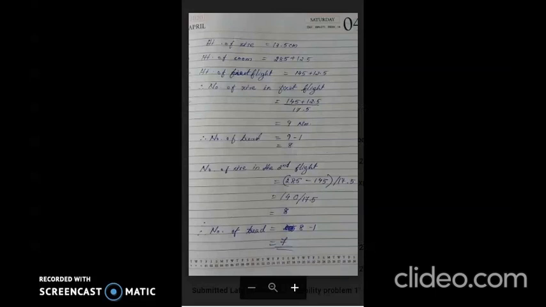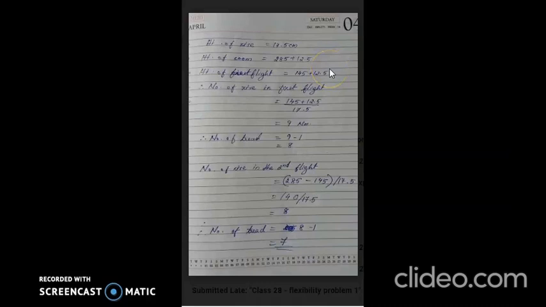Here we can take the height of rise, which is given in the figure as 17.5 centimeter, and the height of room, the total height of room, is 285 from the top of the floor to the bottom of the roof, plus 12.5, which is the slab thickness, and the height of the first flight, which is 145 plus 12.5.